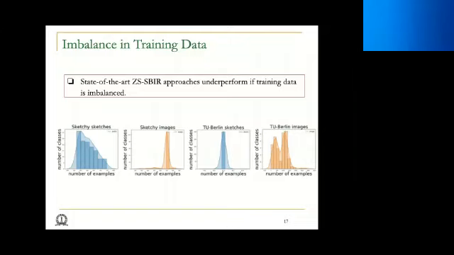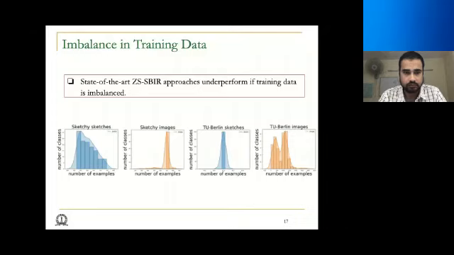This is the domain imbalance. You can also have class imbalance. That is, for some specific classes in say sketches or images, the amount of data is very small. Or it might happen that for images you have more data, for sketches you have less data, and vice versa. So there are several combinations of imbalances that are possible, because you are essentially dealing with two domains. So it can be domain imbalance, it can be class imbalance, it can be a combination of both. And we actually saw that that is the actual case.